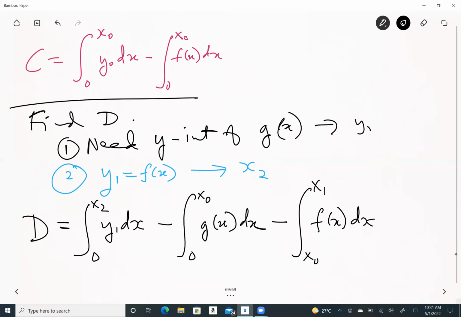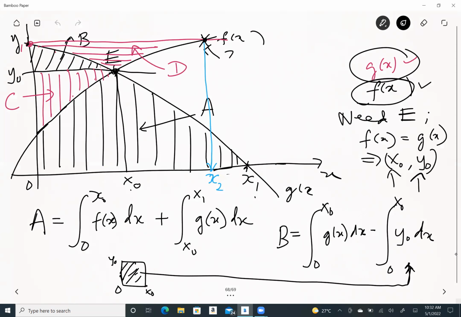So don't worry how many things you have to take out. First, you just identify what are the things that you need to take out. Then just put them in, then we do the integral. So in this part, firstly, you need to identify the area under what function, and whether you have to add or subtract.